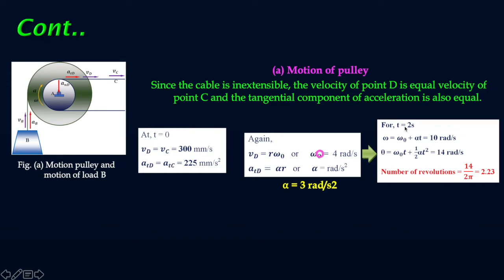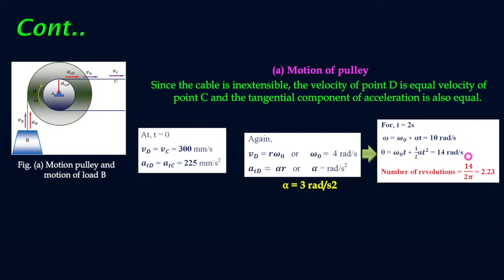So after 2 seconds we know this relation of angular parameters: omega equals omega 0 plus alpha t. Omega is the angular velocity at time t equals 2 seconds. Substitute all these values, we get 10 radian per second. In the meantime the displacement during these 2 seconds is omega 0 t plus half alpha t square, and we get 14 radian.